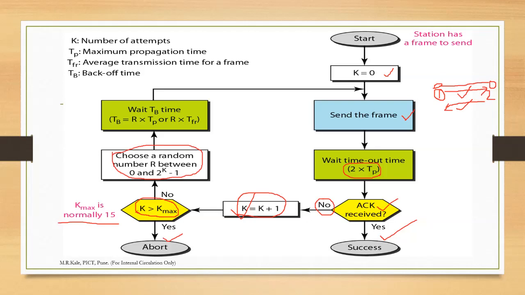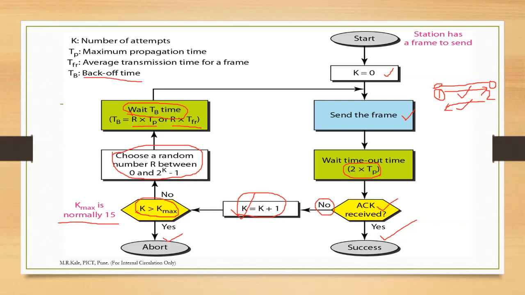Here, after choosing to retransmit, the station has to wait for the back off time. It has to back off for some time. You understand the meaning of backing off. It will refrain from sending. It will not immediately send. It will wait for some time, and that time is equal to R into TP or R into TFR.